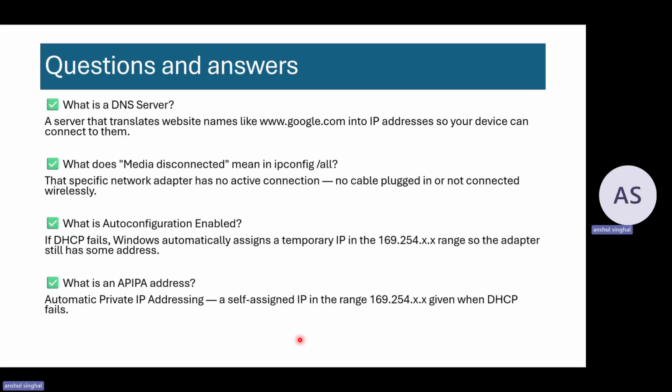So every time this DHCP conversation fails and the router is not able to allocate a dynamic IP address to the client or laptop, whoever is requesting an IP address, then if auto configuration is enabled, with the help of APIPA it's going to get a temporary IP address in the range of 169.254.x.x.